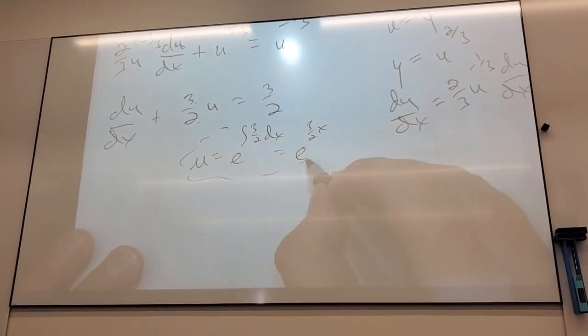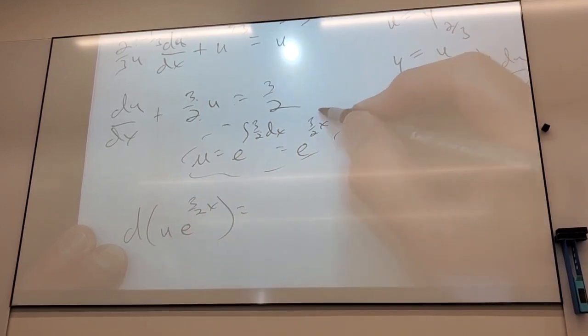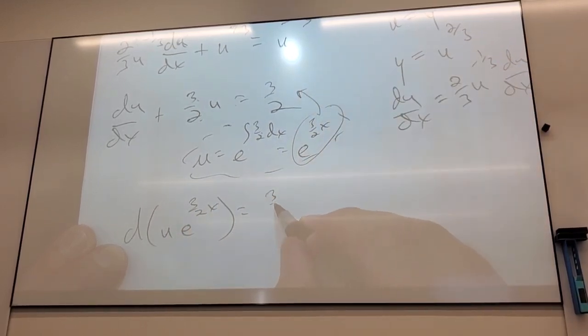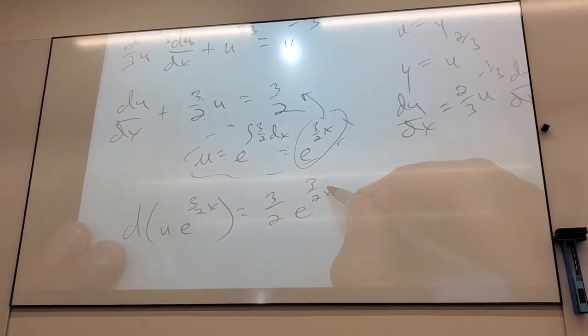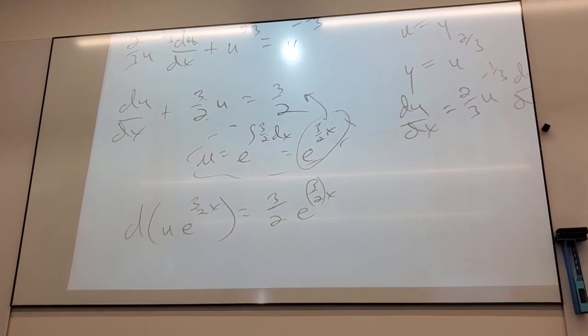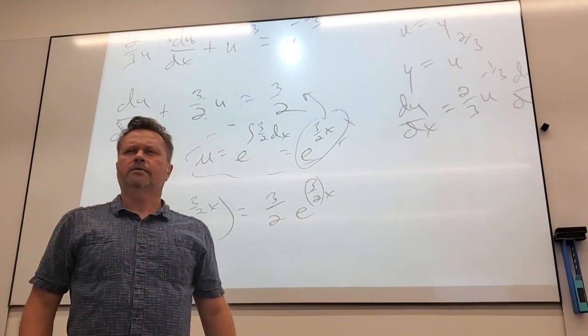So this would be the integrating factor. So it would be d u e to the 3 halves x equals, and I have to multiply this side too. Oops. Boom, boom. The x was downstairs. And that's not that bad, right? You guys see that?